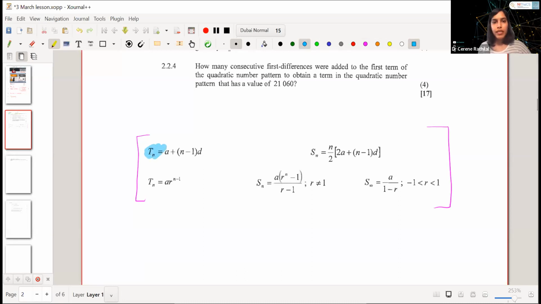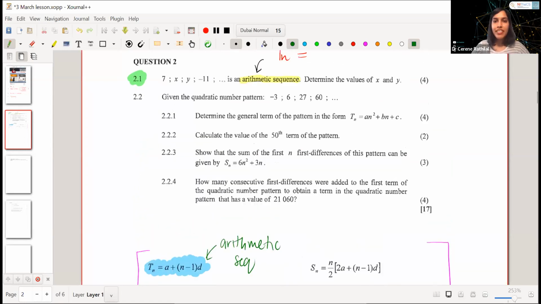So this formula, Tn equals A plus n minus 1 multiplied by D. What is this? It turns out that this is actually the general term for an arithmetic sequence, isn't that so? And that is precisely what we require when we're working with the above.